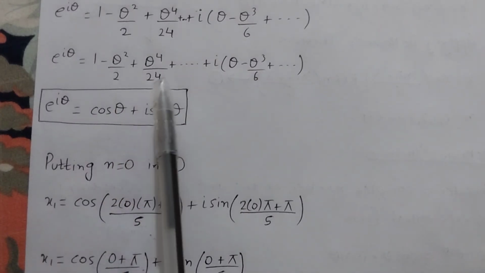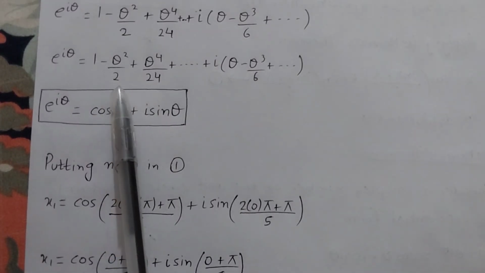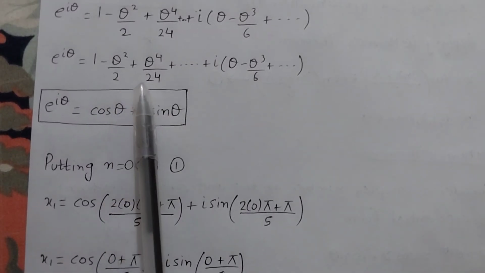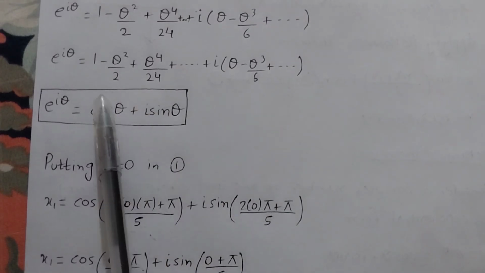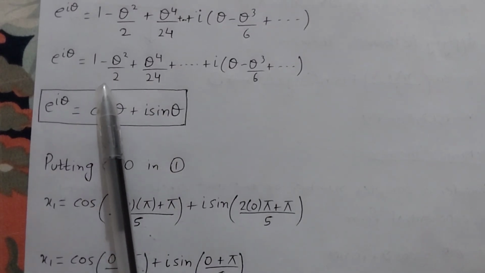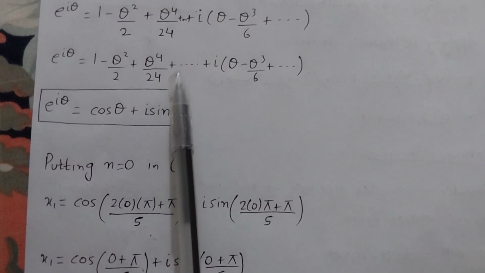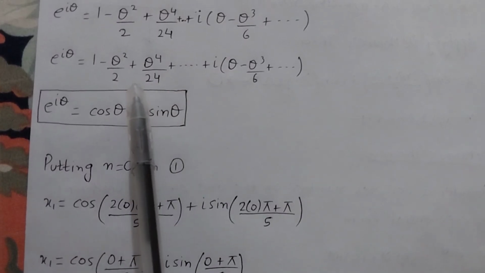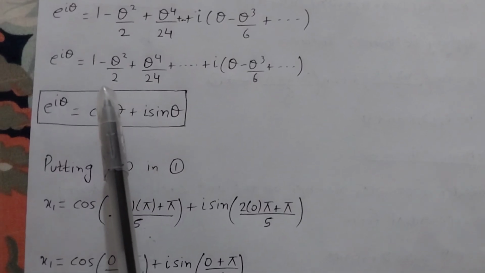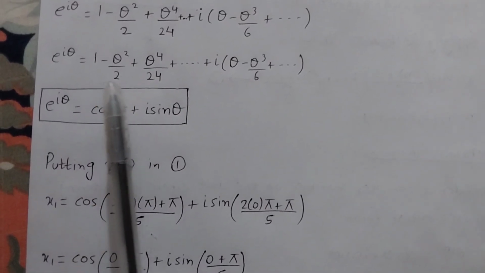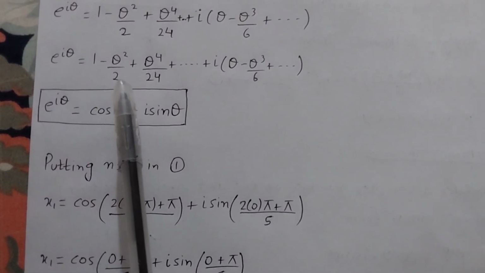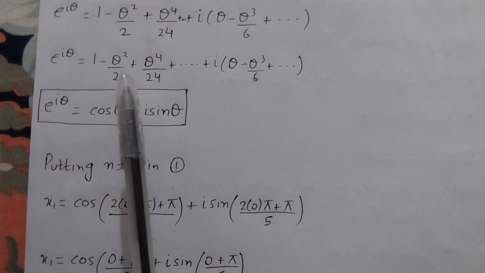So when you separate the real terms and the imaginary terms in this series, the real terms are 1 minus theta square over 2 plus theta 4 over 24 up to so on, because we have only calculated or added the first 5 terms, but the series keeps going on and on.